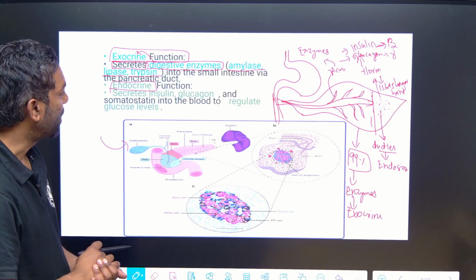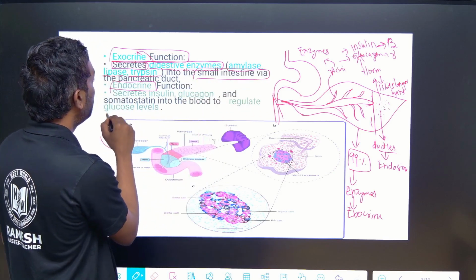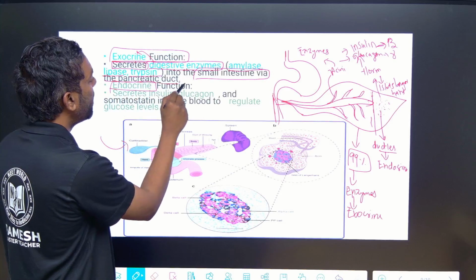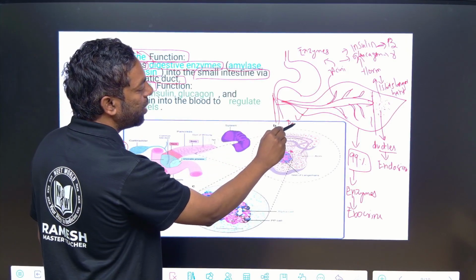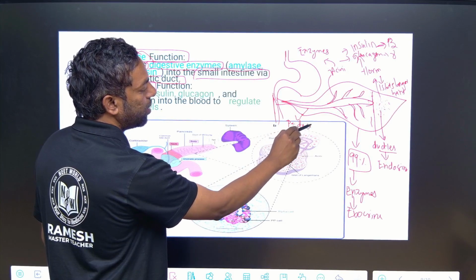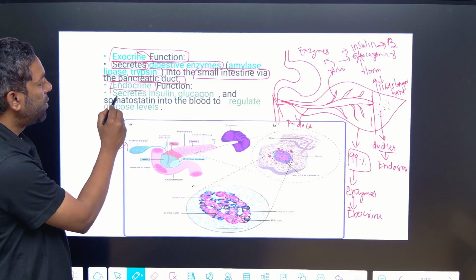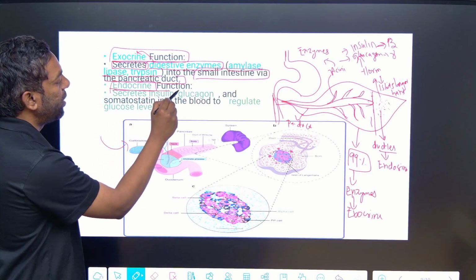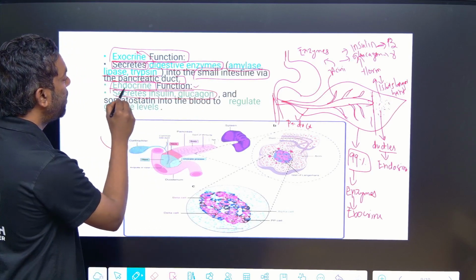They release them into the small intestine via the pancreatic duct. This is the pancreatic duct. Now the endocrine activity: the endocrine part secretes insulin and glucagon.